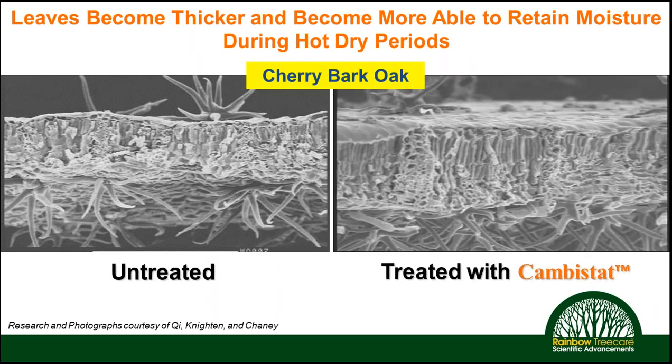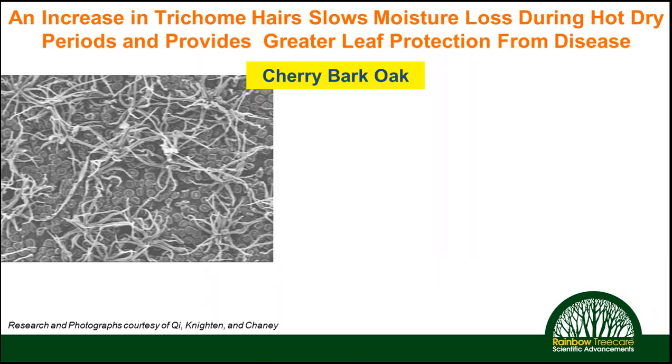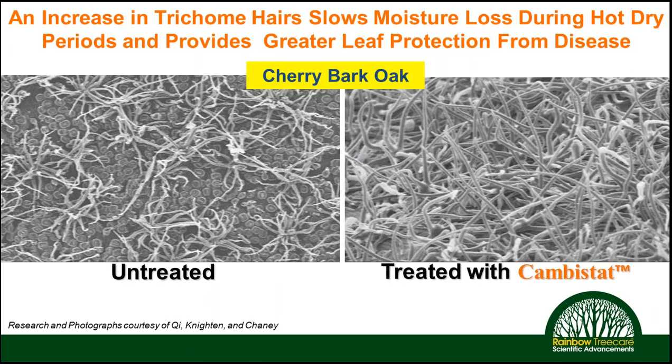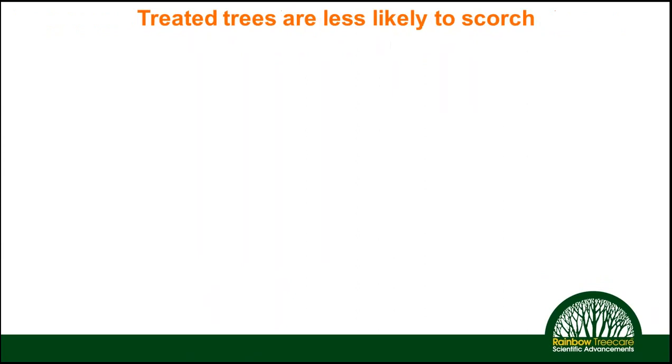Cambistat also will increase the thickness of the cuticle, and it also will increase the number of trichome hairs on the surface of the leaf, and the more trichome hairs, it slows down the loss of moisture during drought periods. And there you can see the difference of those two right there.